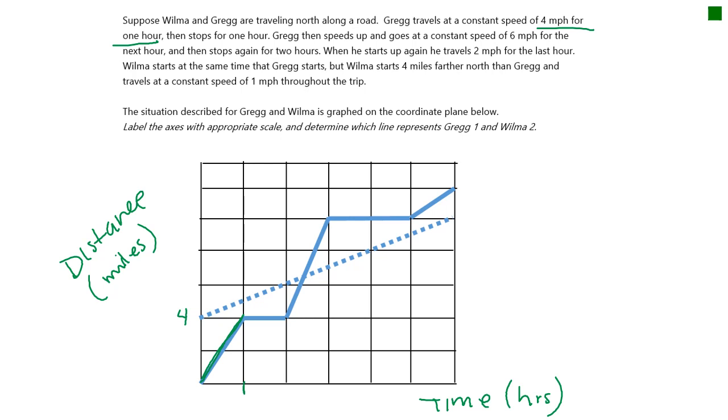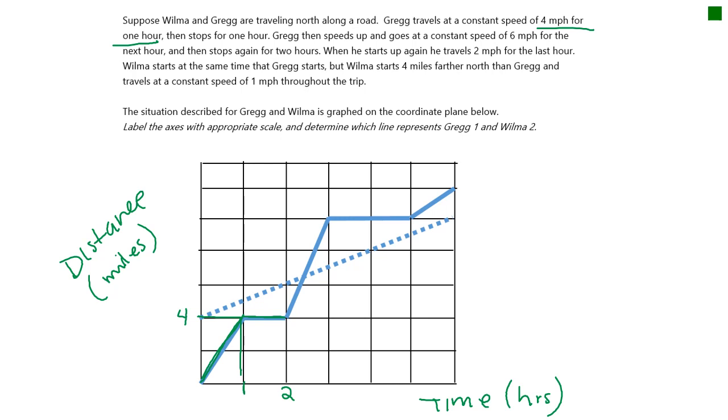That has to be 1 hour, has to represent 4. Again, you don't get it? When I have 1 hour, I have 4 miles. That's what's happening. All right, and then it tells you then it stops for 1 hour. That means that this is a stop. They stop for 1 hour. That means that the next one is my second hour. Okay? All right, keep going.